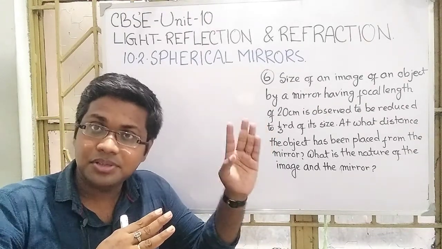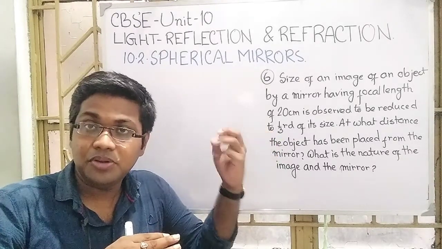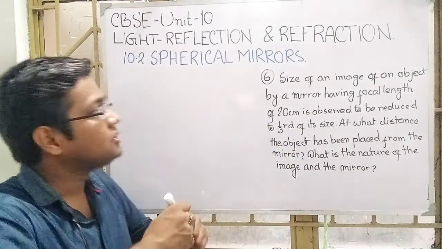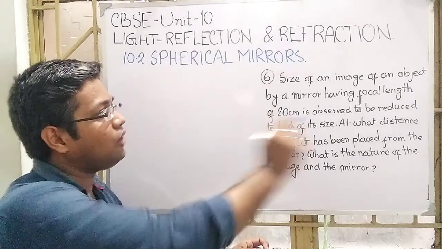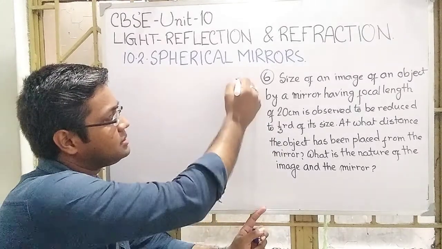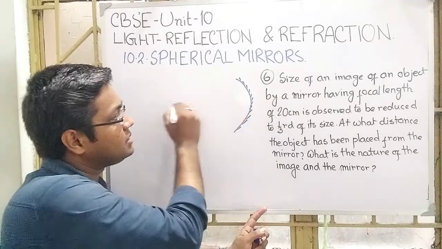Taking this into consideration, what will be the result? Let us see. So it is a concave mirror of focal length 20 centimeters. So the mirror is something like this. It is a concave mirror.